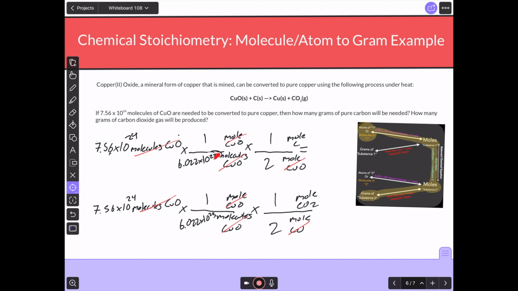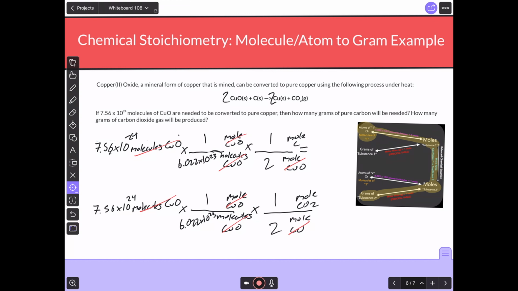Once we've got it to moles, we're then converting from, oops, we need to balance our reaction. We're then converting from moles of copper oxide to moles of carbon for this one. That's the 2 to 1. And then moles of carbon dioxide for this one. That's the 2 to 1 there. All right, so that brings us to this stage.